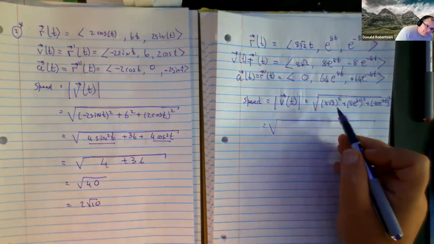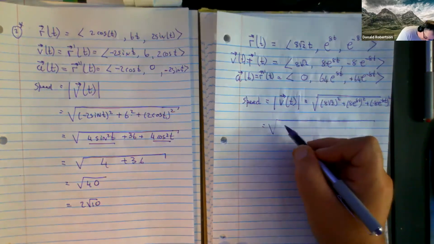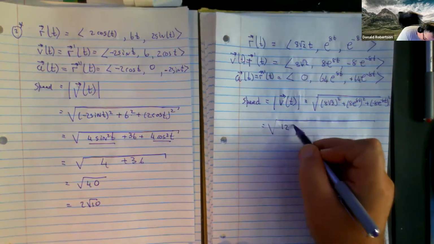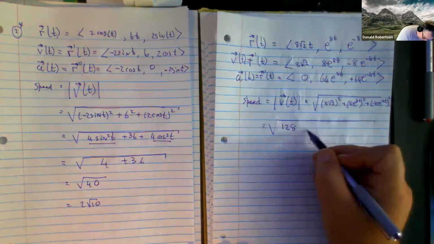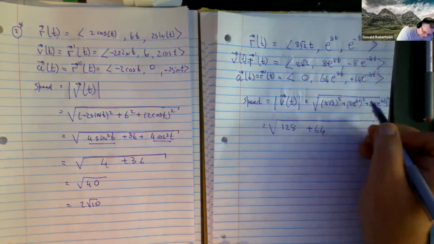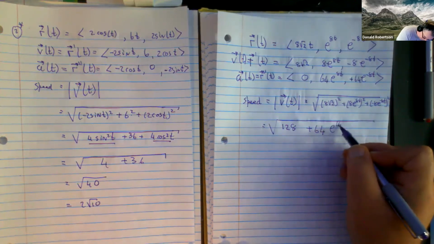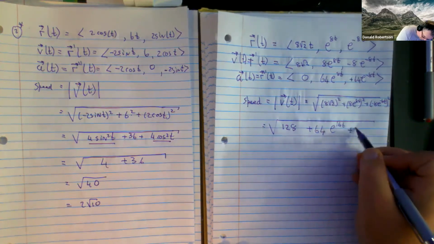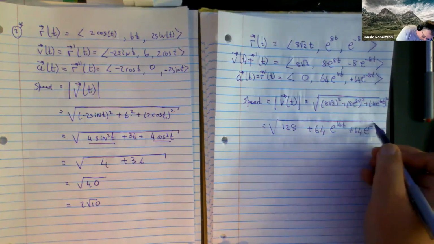Eight root 2 times another 8 root 2 gets you 2 64s, which is 128. This guy gets you 64, and e to the 8t times itself just basically doubles up the power. And the other one's positive, and you also double up the power.